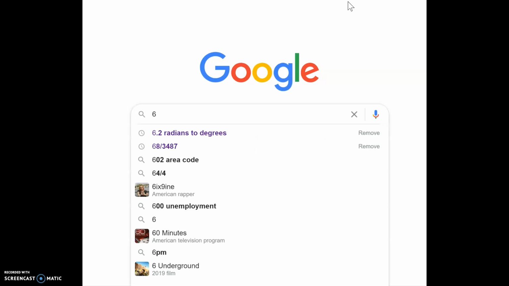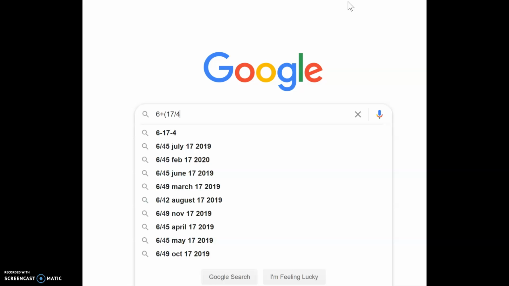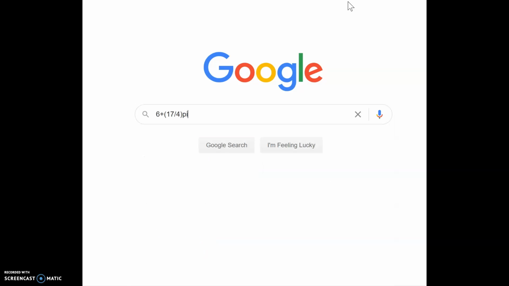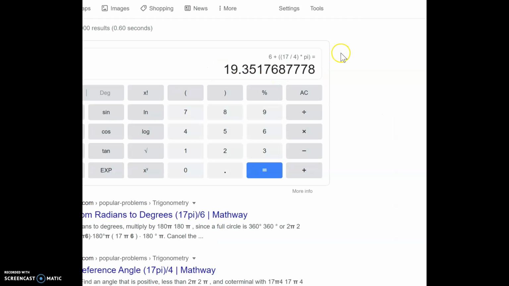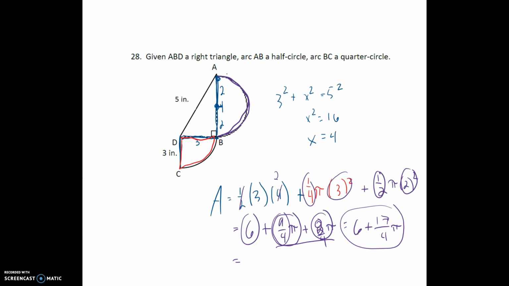So 6 plus 17/4 times pi, and that should give me 19.35. 19.35, and then we need our proper units. We got inches squared since we're doing the area.